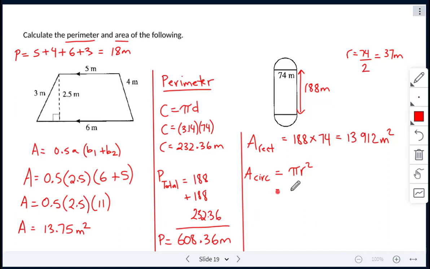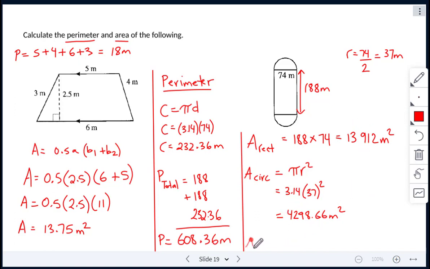All right, so now we can plug that in here. So pi, we use 3.14. Our radius is 37, and that's being squared. All right, so in your calculators, you're putting 3.14 times 37 times 37, which gives me 4,298.66 meters squared.